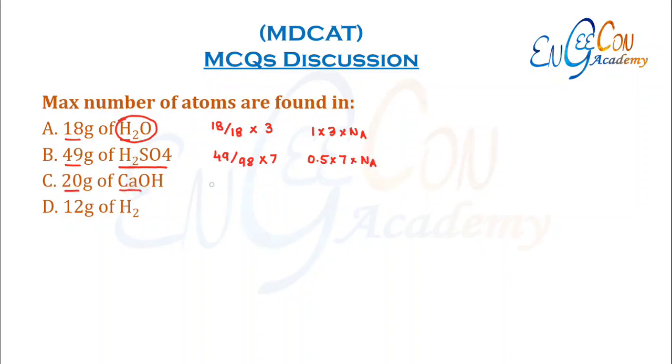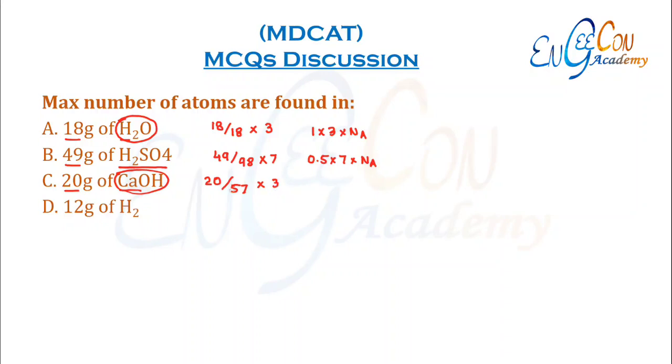For 20 gram of calcium hydroxide, we write given mass 20 grams, molar mass of calcium hydroxide is 40 for calcium, 16 for oxygen, 56 plus 1 hydrogen, 57. So in 1 calcium hydroxide, we have total of 3 atoms.